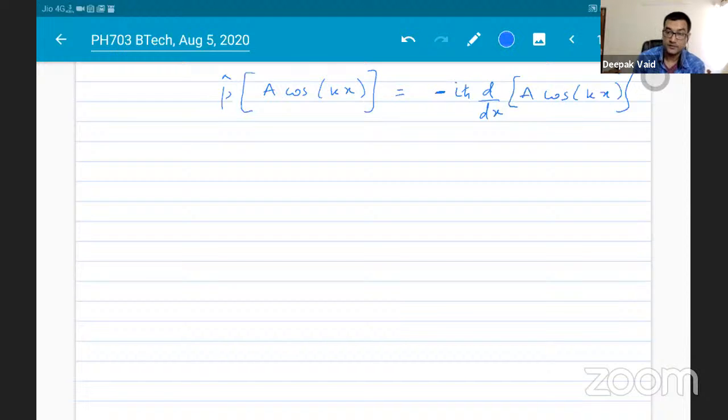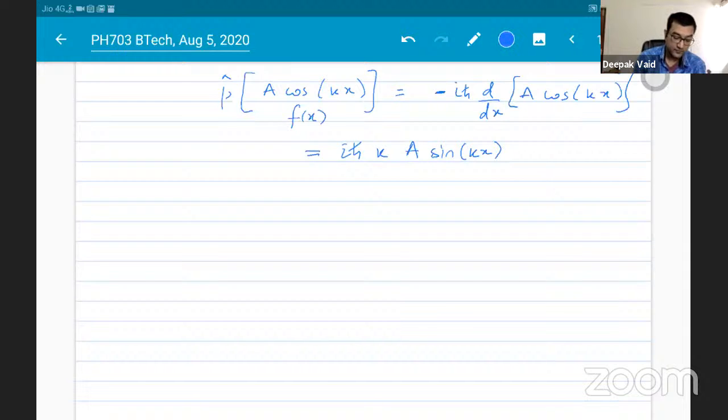So if I act on it with the momentum operator, what do I get? I get d by dx of cosine, which is minus sine, and I get a factor of k. So I get i h bar k A times sine kx. But now here I have this function f of x, and on the right side I don't have the same function anymore.